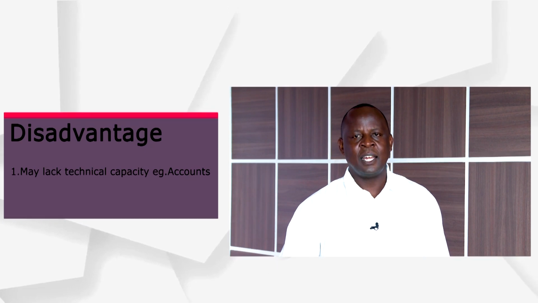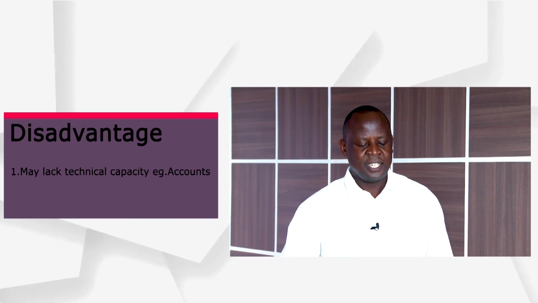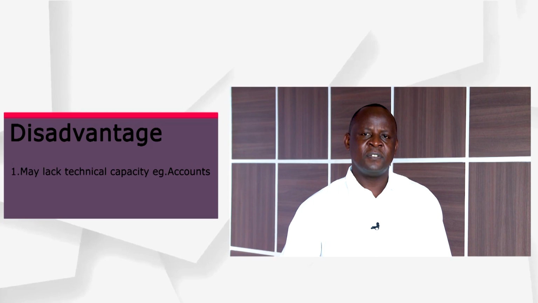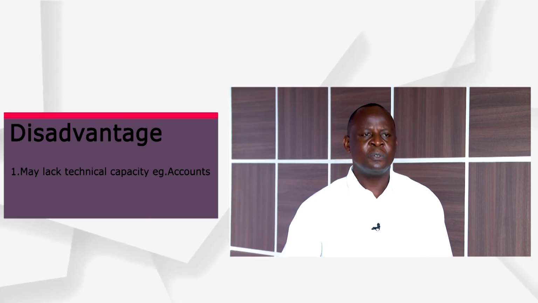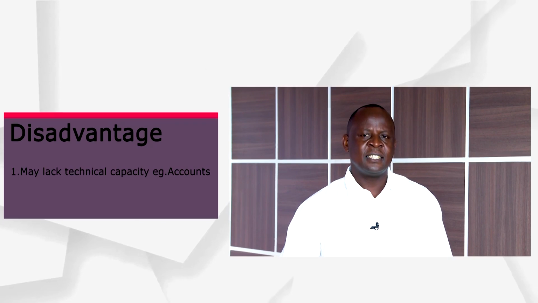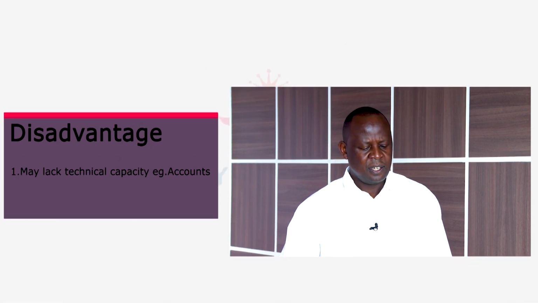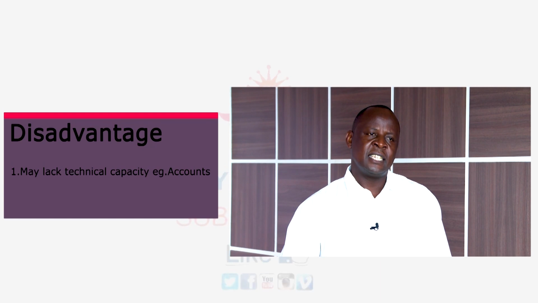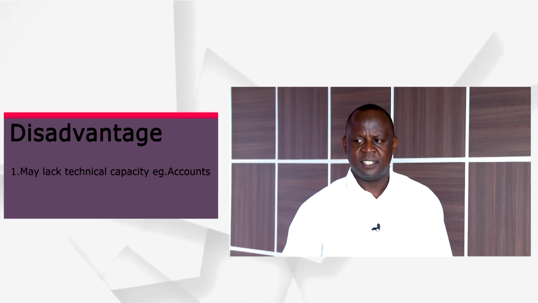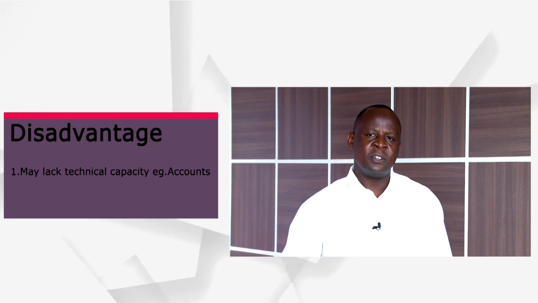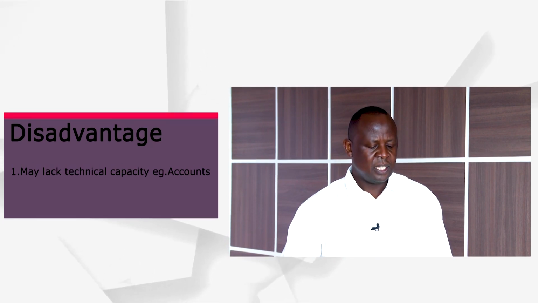And in most occasions, they engage family members, they engage friends, because they believe they need to have people they trust in such sensitive positions. But again, such people may not have the technical capacity to perform such tasks. And that may also affect the organization in the long run.